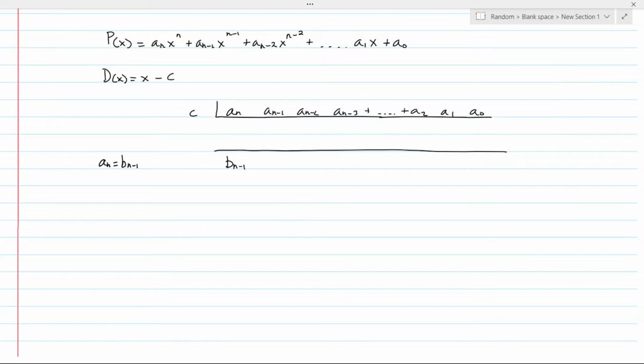We then take c and multiply it by b sub n minus 1 to give us this number. Which gives us b sub n minus 2. We then multiply it by c.